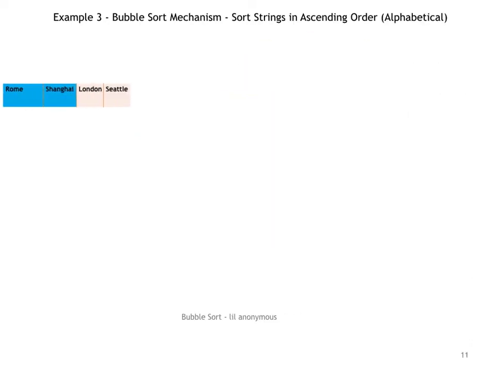Okay, so here we start with the array Rome, Shanghai, London, Seattle. What we do is compare the first two elements of the array, Rome and Shanghai, and we ask the question, is Rome less than Shanghai? Meaning, if Rome and Shanghai were arranged alphabetically, would Rome appear before Shanghai?